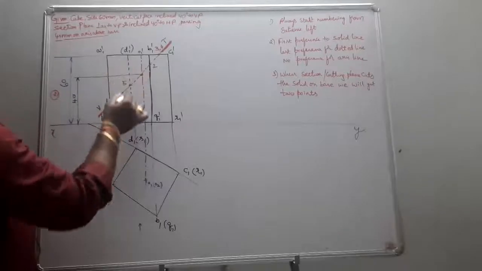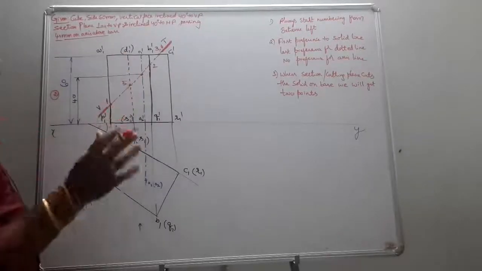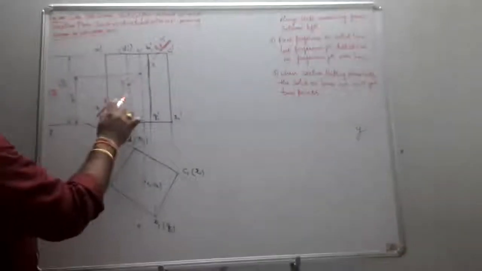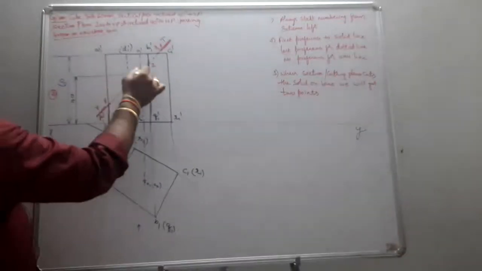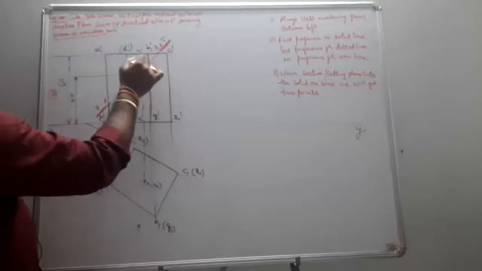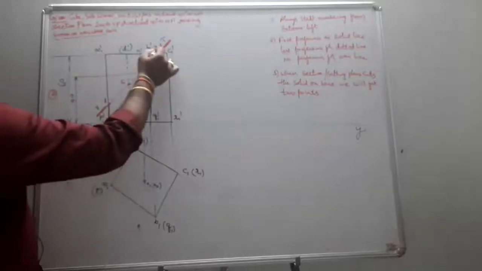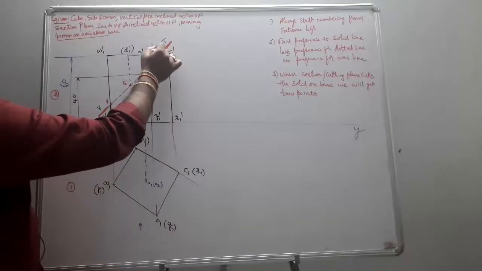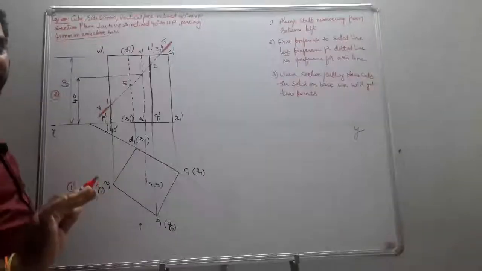In that I obtain dotted lines. Last preference is given for the dotted, so I skip all these dotted lines. Next edge is BQ. I obtain my point 2. Next, it cuts the base, it is BC, which is visible. So it is point 3. That's it.